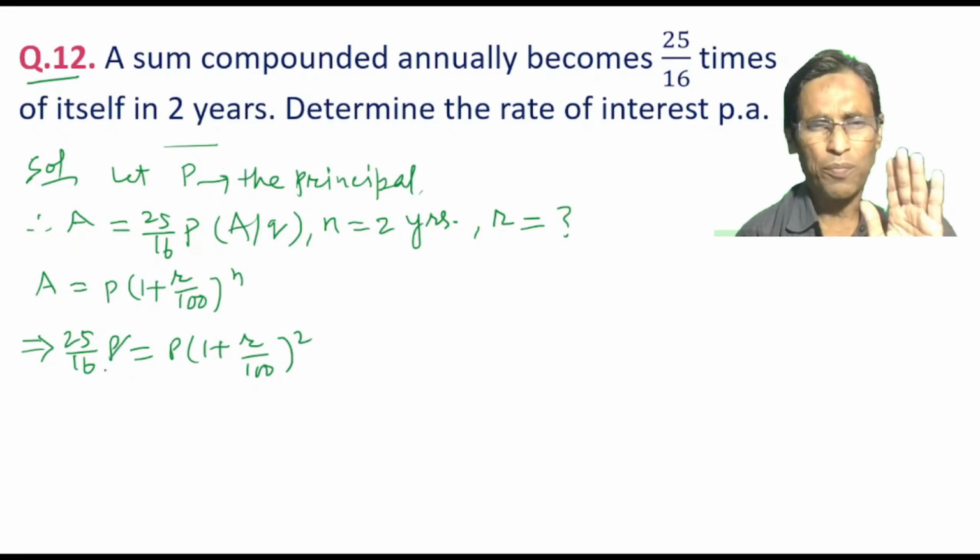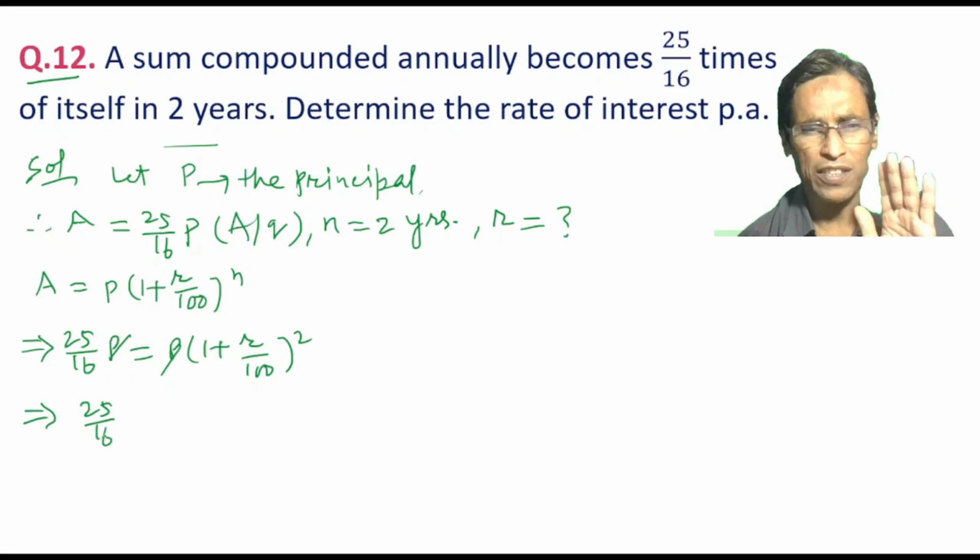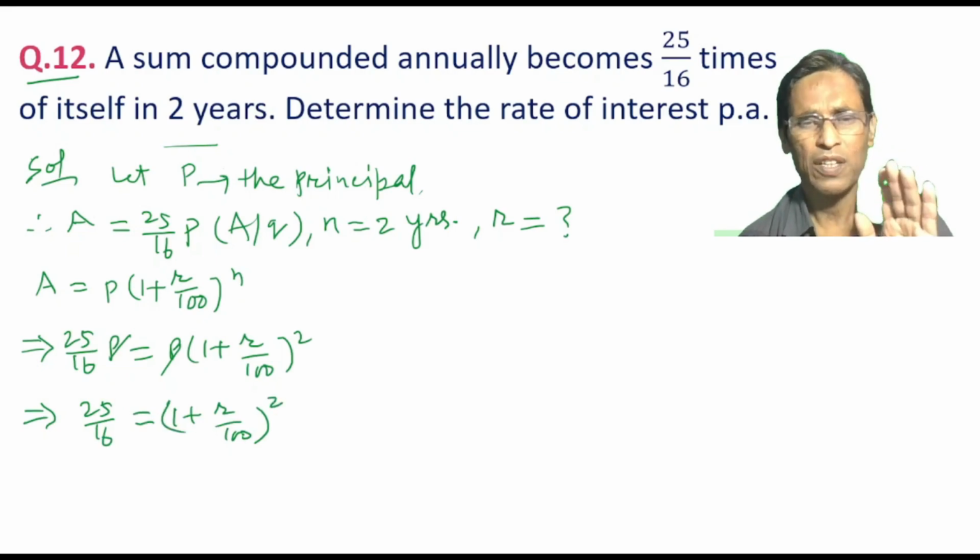Now P can be cancelled from both sides, and so in the next step we get 25 by 16 equal to (1 plus r by 100) to the power 2.